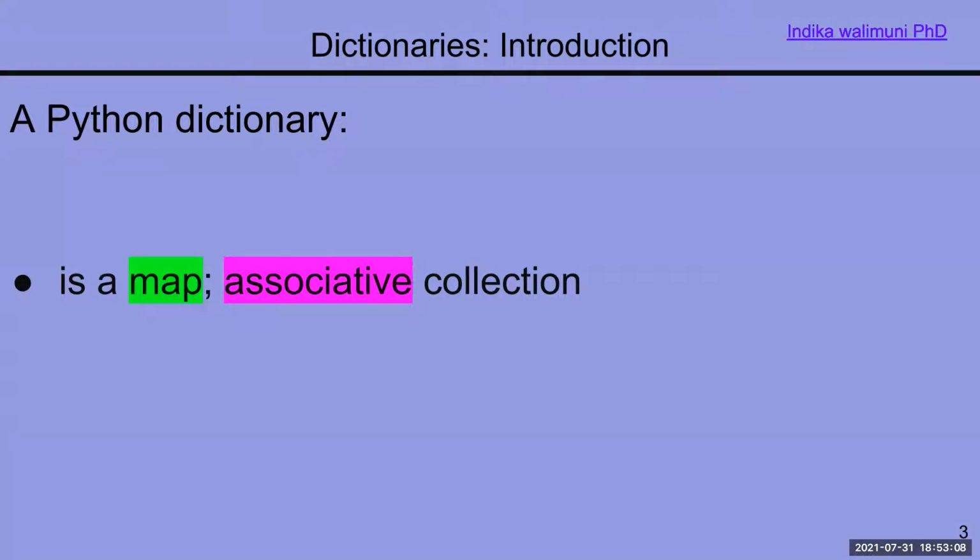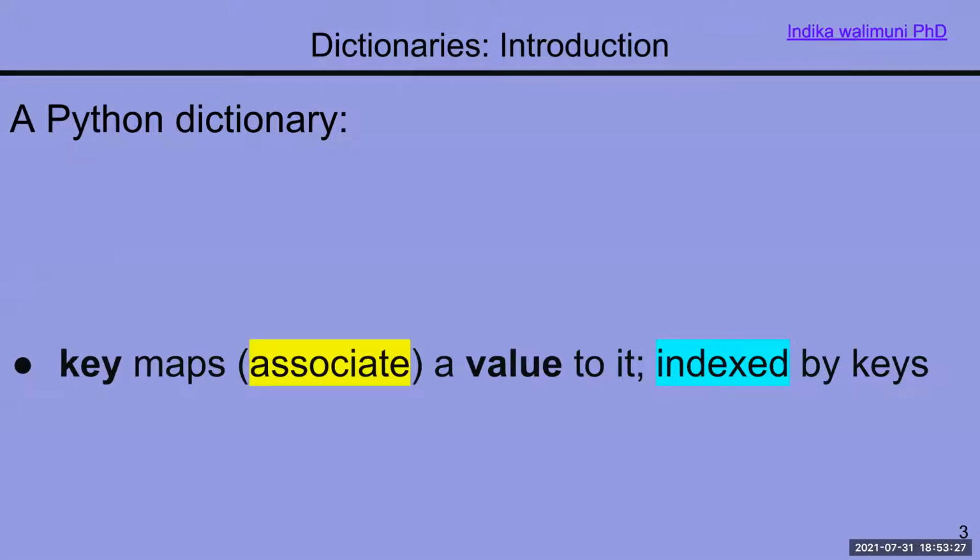It's actually a map; we call it an associative collection. Associative means there's a key associated with a value, so basically a key maps a value to it. In other words, we can say it's ordered or indexed by keys.